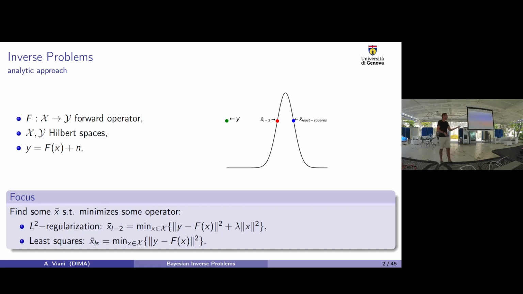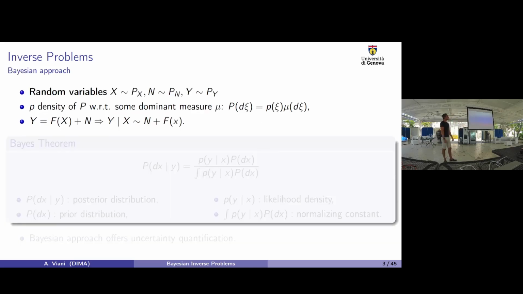This is what we do, and we just use different metrics and different weights in order, for example, in the Tikhonov regularization, for finding our solution. But we are not looking at that. We would like to focus on a Bayesian approach that is something different.